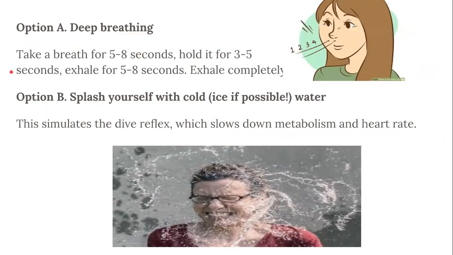Deep breathing. It's very hard to do when you're stressed, but just count your breaths: breathe in for 5 to 8 seconds, hold it for 3 to 5, and then exhale for 5 to 8. That will decrease your heart rate and hopefully get you back to a point where you can start thinking, which is great, as I said, during the exam.